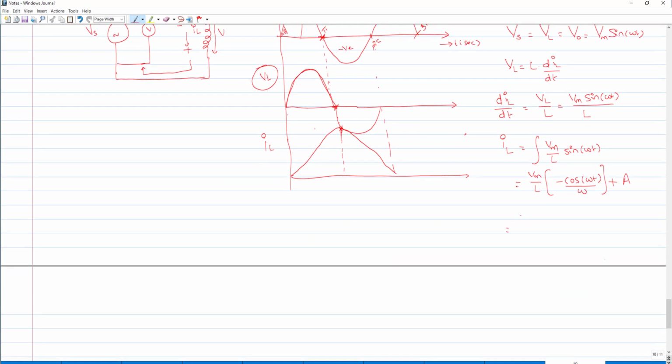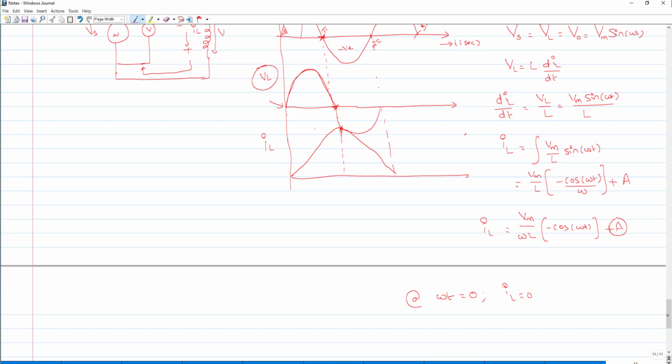So now this will be Vm by omega L minus cos of omega t plus a constant. This is the inductor current. So how do you find out the constant? It is very simple. At this particular point, that means at omega t equal to 0, IL is equal to 0.